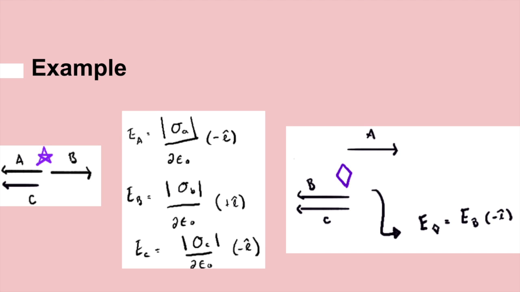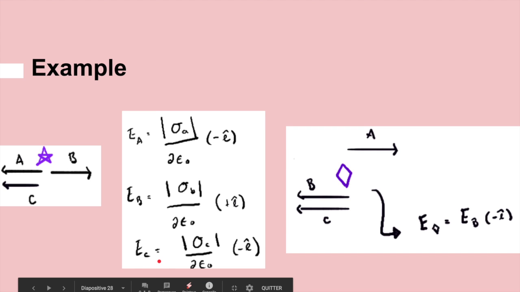To calculate the electric field of A, B, and C, we just use our equation. EA is equal to sigma A divided by 2 epsilon naught, and that is in the negative i hat direction. For EB, it's sigma B over 2 epsilon naught, and that is going in the positive i hat direction. Now we have EC, which is sigma C divided by 2 epsilon naught.